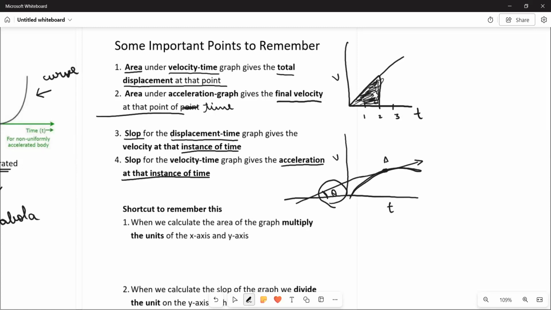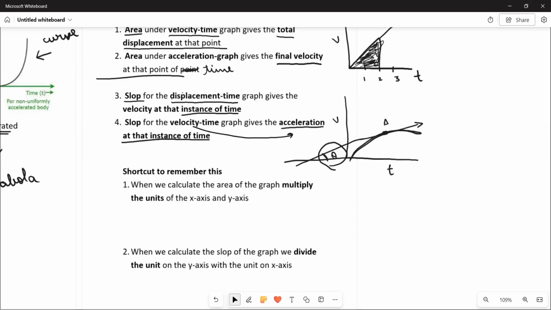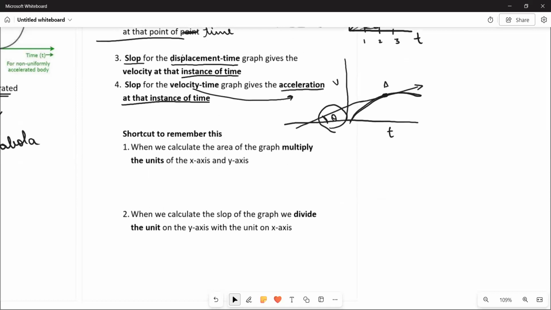So the slope of velocity will give us the acceleration, and the displacement will give us the velocity. Now, how to remember this? I have made one shortcut for you, that how you will remember this.